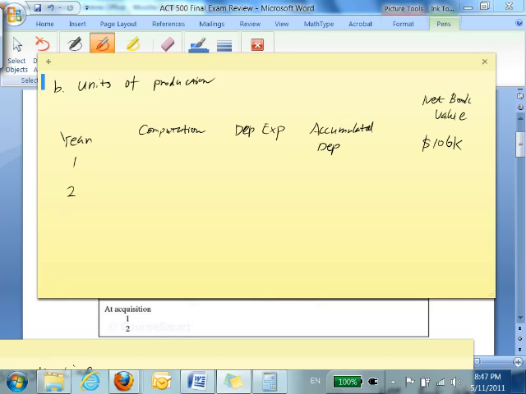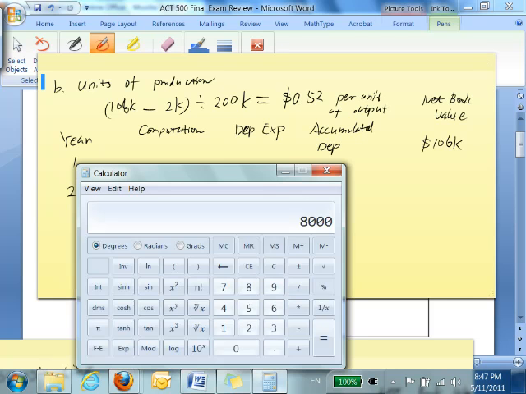Original cost 106,000 subtracted by 2,000 and divided by the total output 200,000 units, and we get 0.52 per unit of output. 106 minus 2 is 104, divided by 200,000 is 0.52.